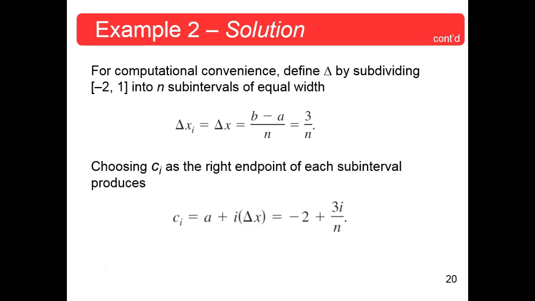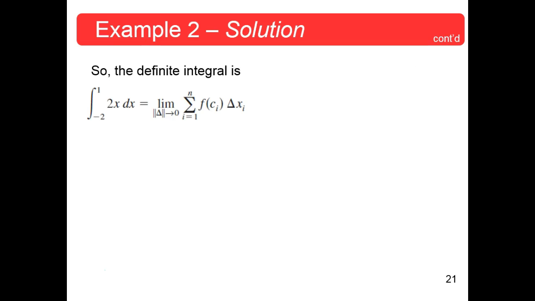All right? Now, the definite integral is then the limit as delta goes to 0, the norm of that partition goes to 0, of the summation from i equals 1 to n of f of c sub i times delta x sub i.